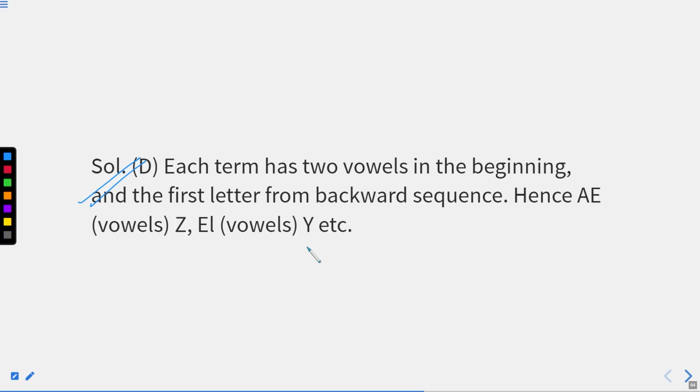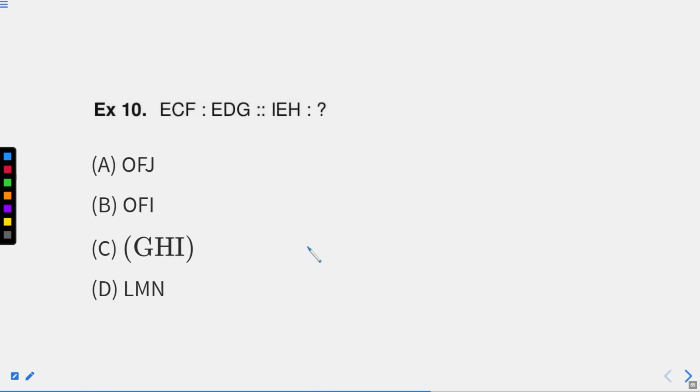Now we'll directly move to the next question. Your question says ECF, EDG and IEH. These are the questions that we are supposed to discuss. So again, I'll help you out with the process.